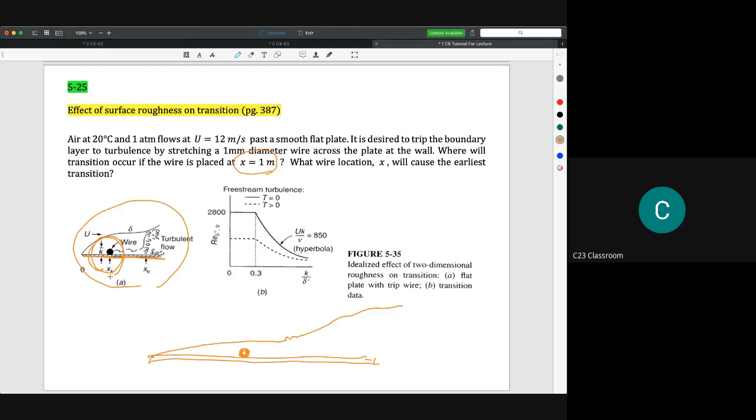That's why, after this in chapter 6, we will learn about the flat plate with a certain roughness, the rough flat plate. As we know, if the plate is smooth, we could draw it like this. But if the plate is rough, we could have some zigzag design like this. For the zigzag design, normally we will measure the height to reflect its roughness.